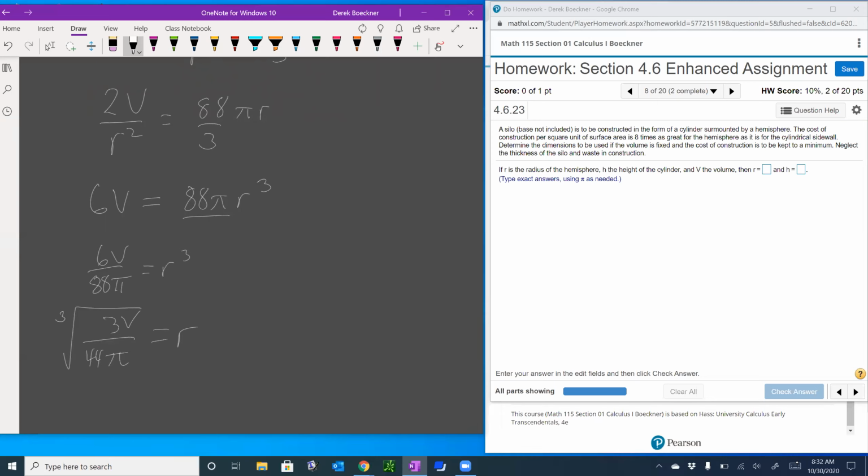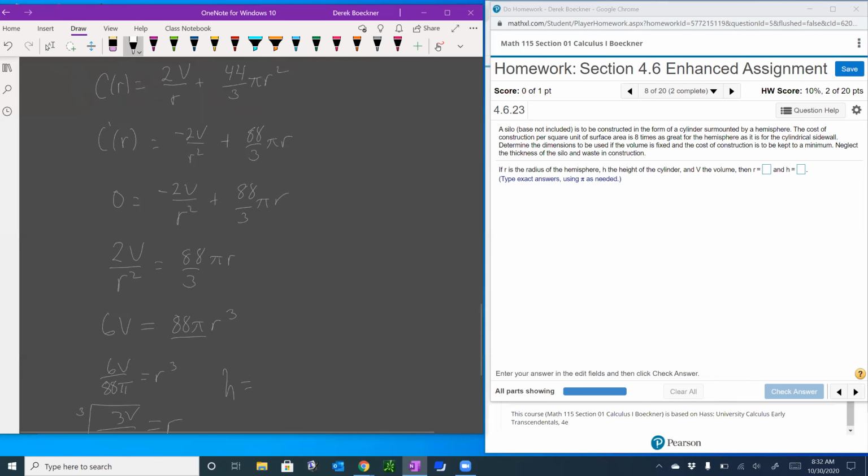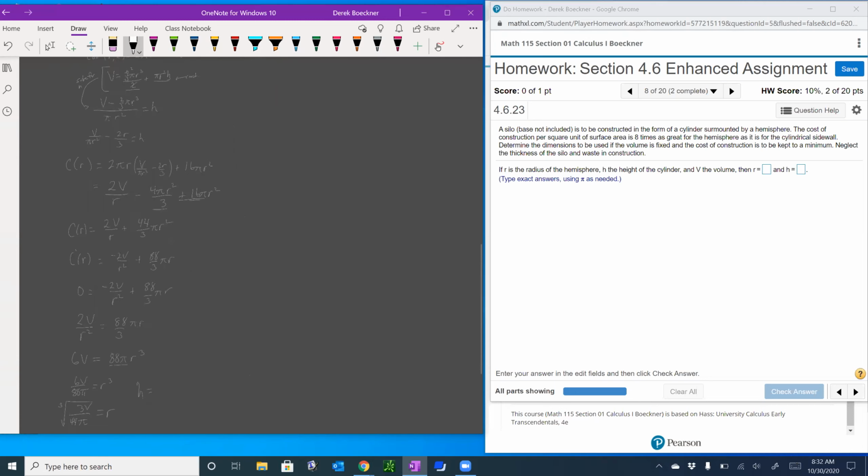Okay, and then H. We have H in terms of R already. What was H? H was V over, let's do the simpler form. This guy: V over pi r squared minus 2r over 3.